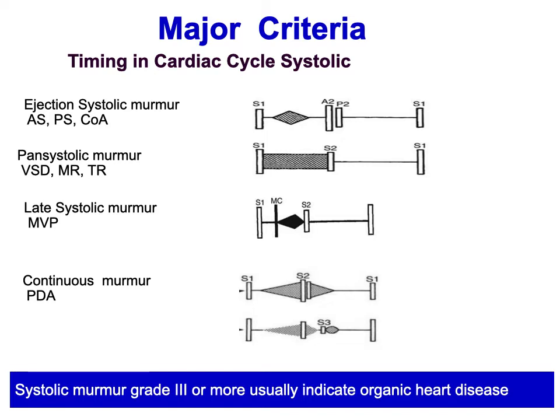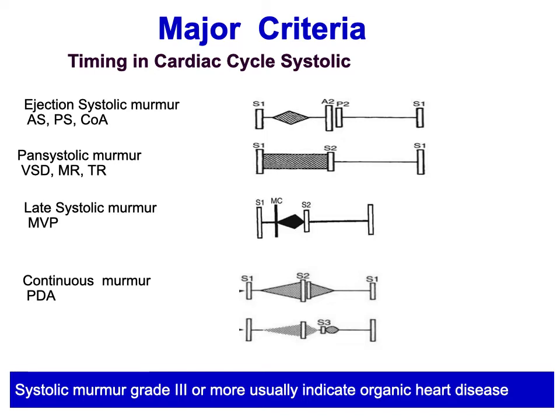Continuous murmur is typically found in patent ductus arteriosus. It starts after the first heart sound, then gradually picks up. The peak is almost near the second heart sound. Then the second heart sound is submerged into the murmur, and it goes somewhat into the diastole, almost to the middle of the diastole. That's why it is called a continuous murmur.